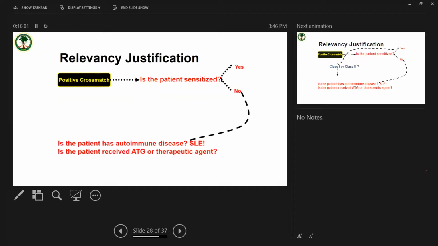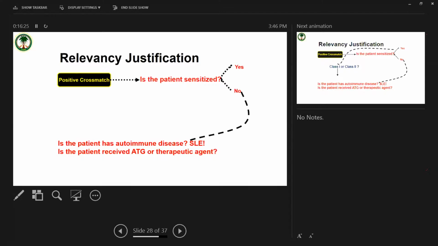Always, when we do a cross-match in a laboratory, we need to know the relevancy and justification if it is positive. Every cross-match, we need to justify it. Is there a reason for it to be positive or not? Not every positive cross-match is relevant or significant. Now, if it's a positive cross-match, we need to ask ourselves, is the patient sensitized or not?